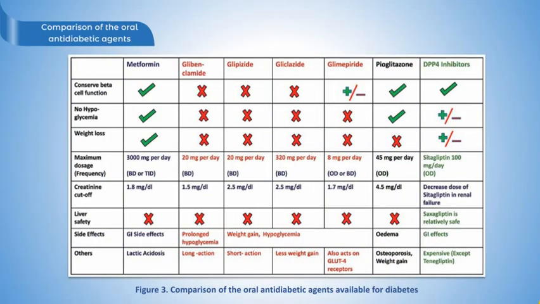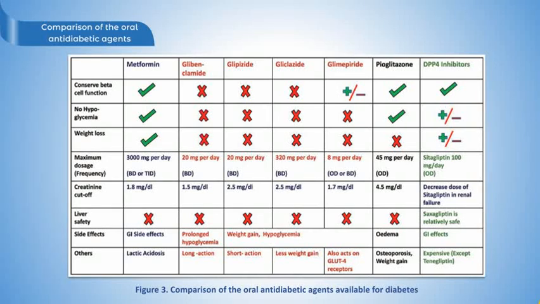Here we can see a comparison of the oral antidiabetic agents. The first one is metformin. It will conserve the beta cell function, does not cause hypoglycemia, and will reduce the weight of the patient. As for the maximum dosage, it was 3000 mg per day, and the frequency was twice a day or 3 times a day.